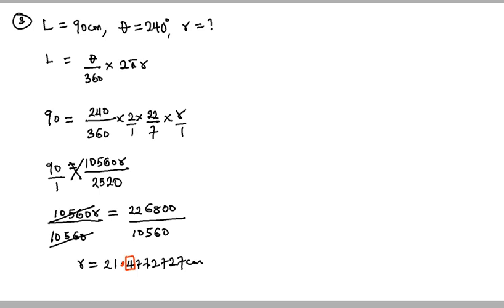What is next to this 4? It's 7, and 7 is up to 5. Yes, I can add one to 4, so it becomes 5, and then my R becomes approximately 21.5 centimeters, approximated to one decimal place, and that is the answer for number 3.